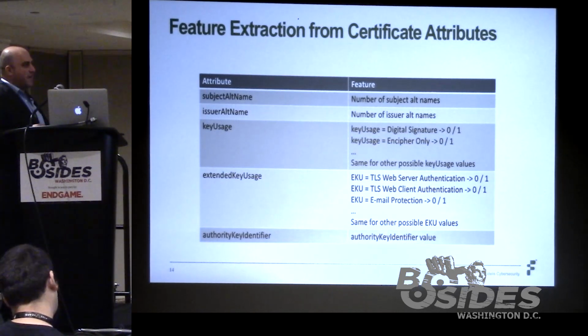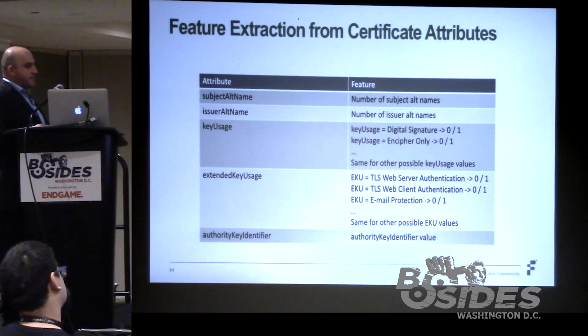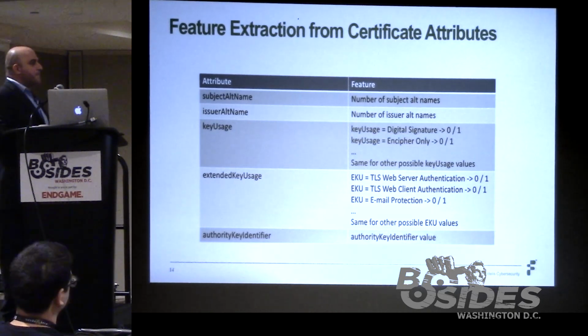I think there is a set of 9 values there. Extended key usage is similar to that. Authority key identifier, we use the value as it is, because in principle there is a limited number of certificate authorities, so the value set is not overwhelming. So we can use the value in principle.